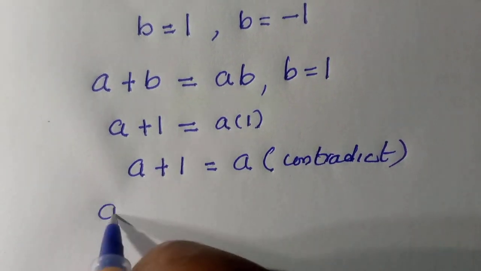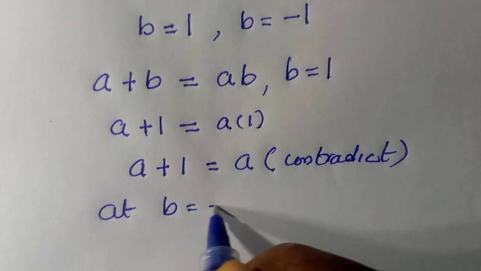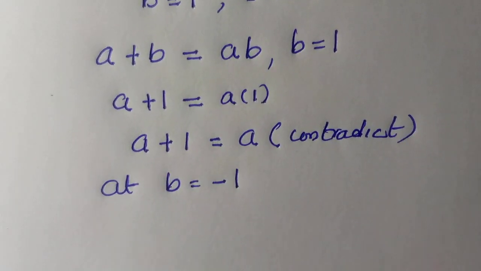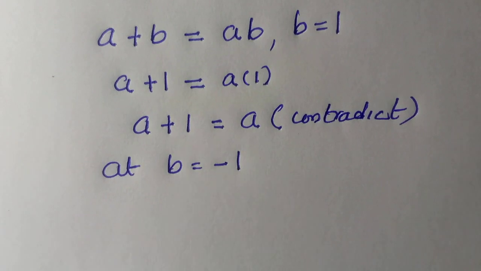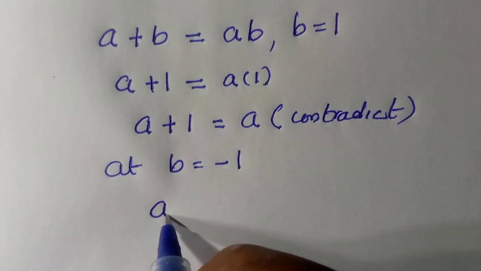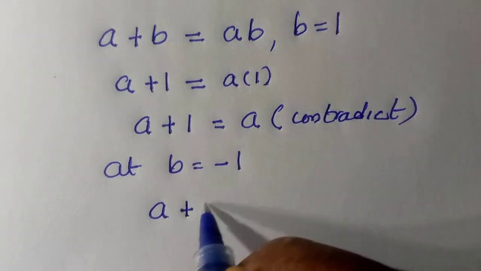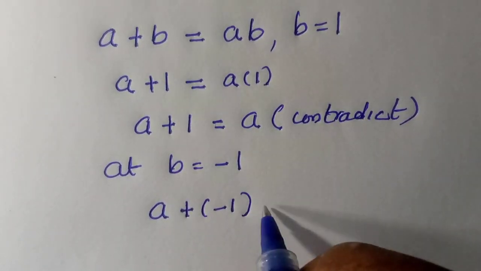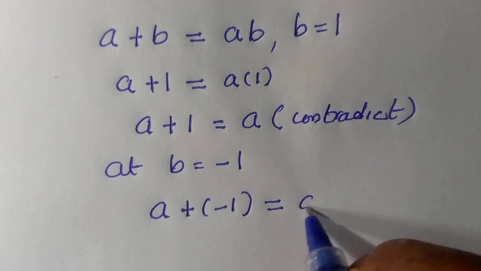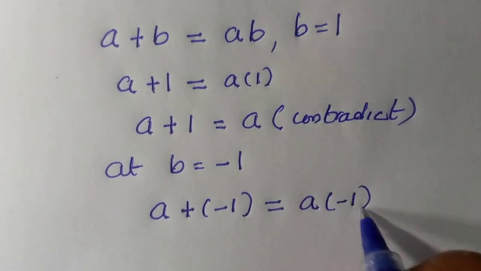Also, at b equals minus 1, we put it here so that we have a plus open bracket minus 1, for the value of b, equals a into bracket of minus 1.